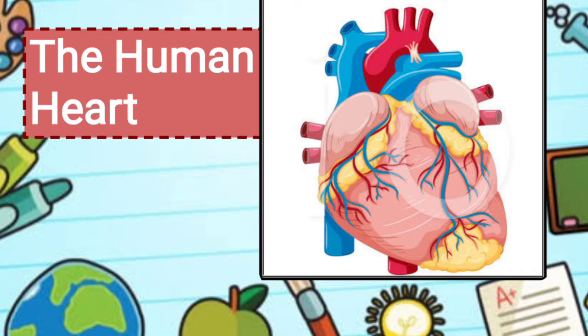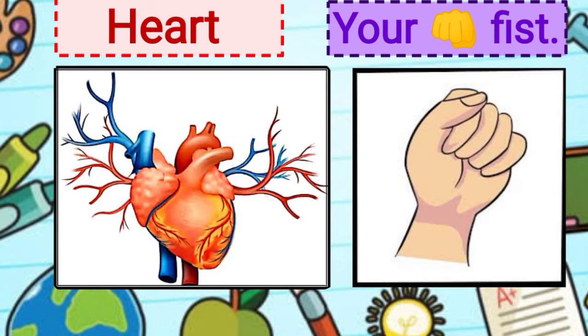The heart pumps blood into the larger blood vessels, which branch into smaller ones to reach all the organs of the human body. And the heart also receives blood from all the organs of the body. And it roughly measures the size of a closed fist, meaning your heart is about the size of your fist.